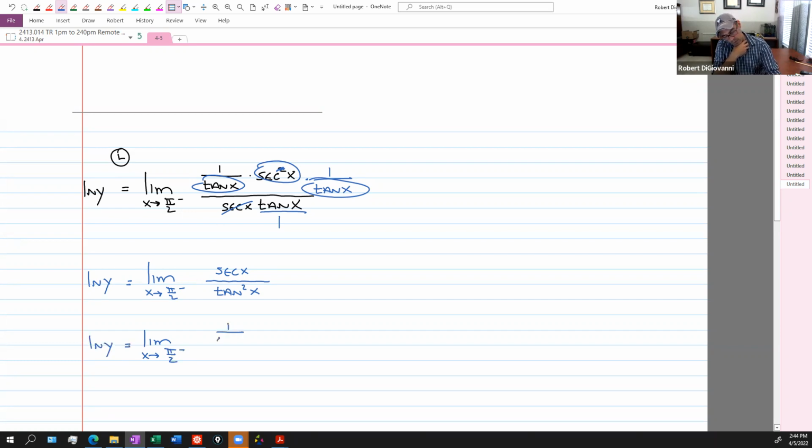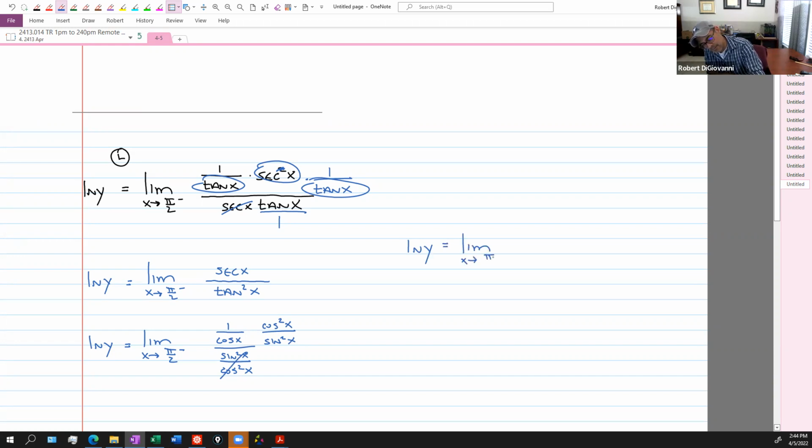This is 1 over cosine x over tangent, which is sine x over cosine x, but I'm squaring it. So it's sine squared x over cosine squared x. And then I can flip again. What a mess. I thought this was going to go a little faster than this, sorry.